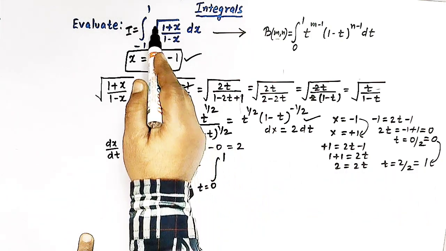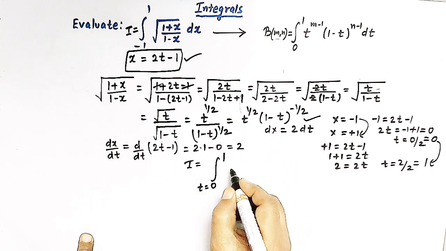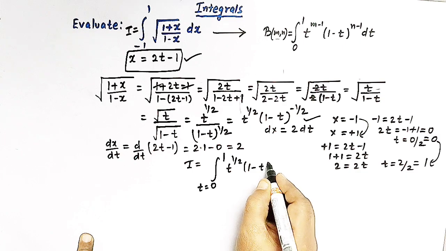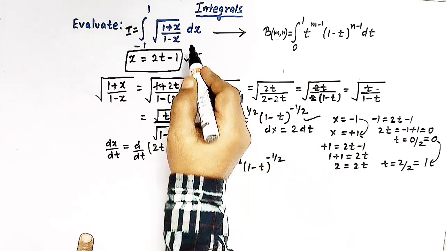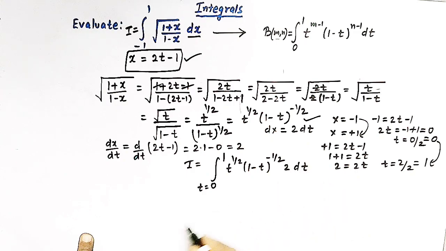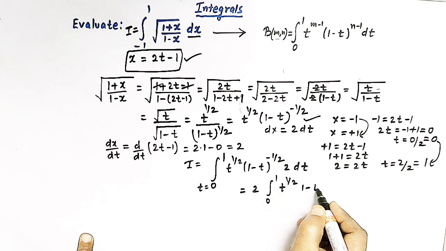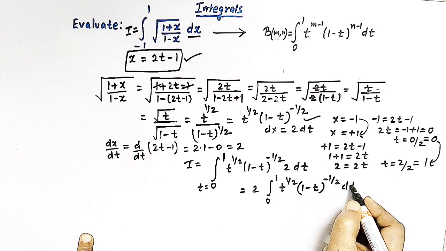And for square root of 1 plus x over 1 minus x, we can now write t raised to half, and here we have 1 minus t raised to a minus half, and for dx we can write 2 dt. So we can now take this 2 outside the integral, and we have 0 to 1 t raised to half, and 1 minus t raised to minus half, and dt.